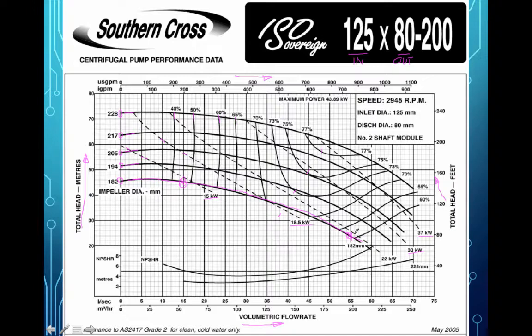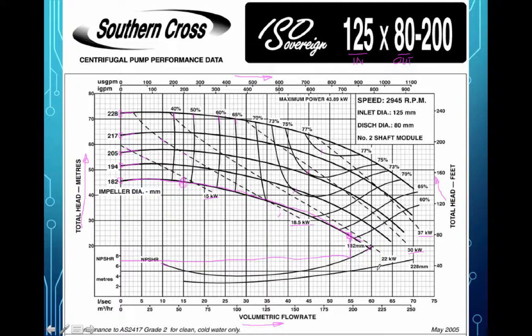And we'll be operating at about 60% efficiency. So that's not a very efficient use of the pump. This curve down here is the net positive suction head for the 182 millimeter impeller, and so at that point that we're operating at, we're going to need 7 meters.